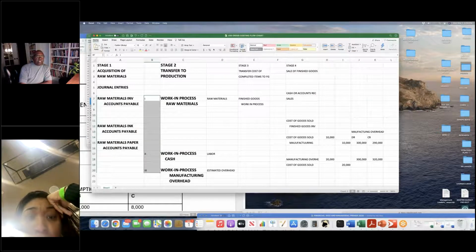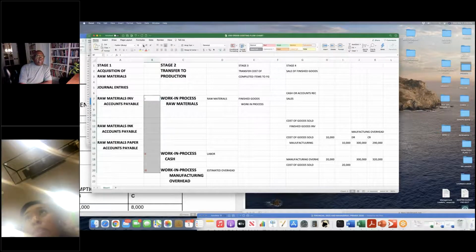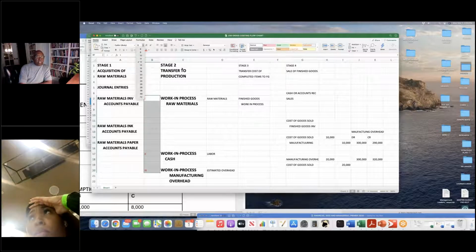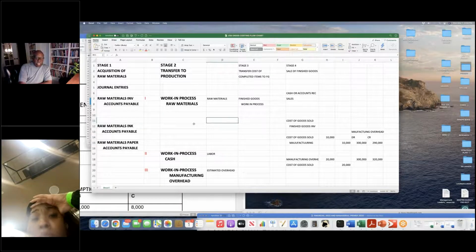In the first journal entry, we debit work in process and credit raw materials. So if you got more than 1 raw material, you have to keep making this entry.